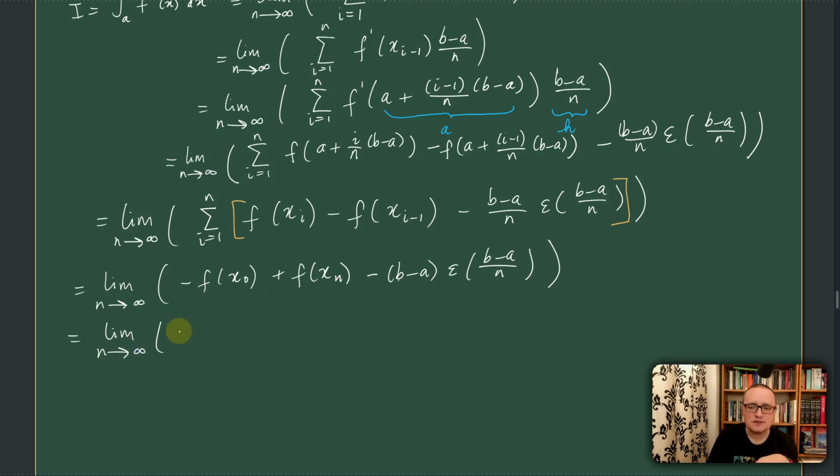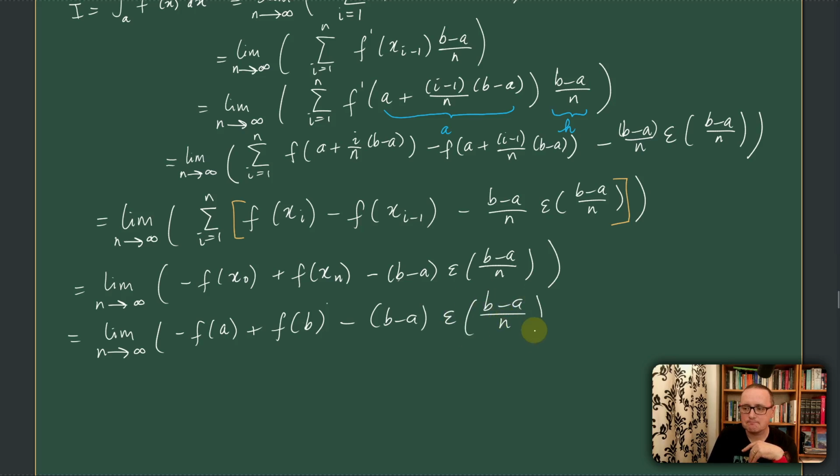These terms are just constants because we have x0 is a, remember, and xn is always the end of the original integration interval. xn is always b, and we've got minus (b minus a) over n, epsilon of (b minus a) over n. And now we can just take this limit exactly.